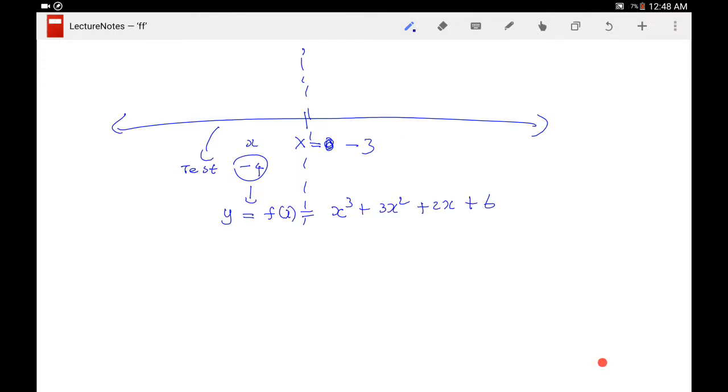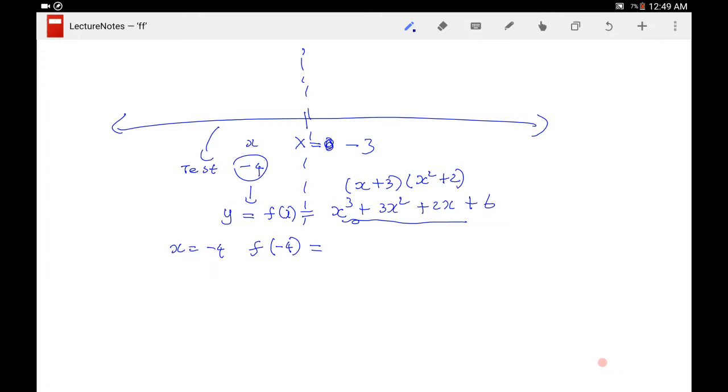To find the y coordinate at the test value x equals -4, I will plug -4 in here. When you are plugging in, it's easier to use the factored form, because the factored form is the same as this. The factored form is (x plus 3)(x squared plus 2).